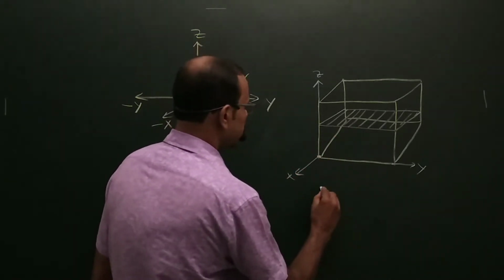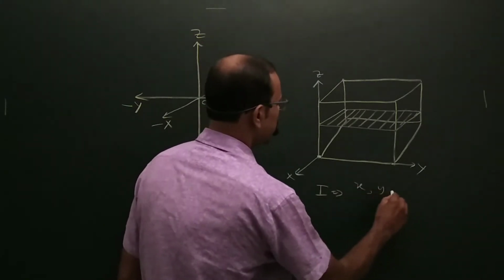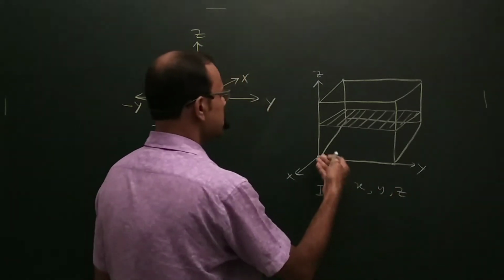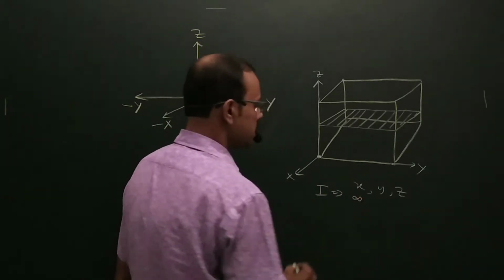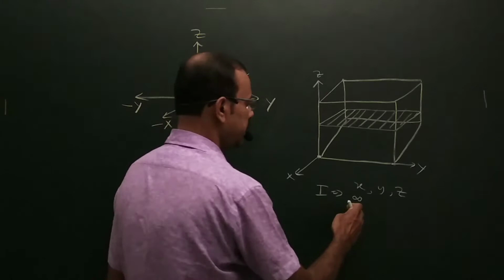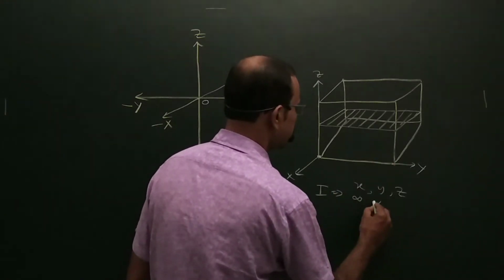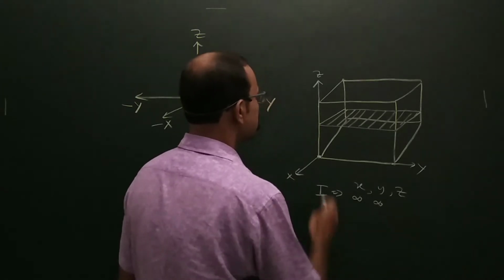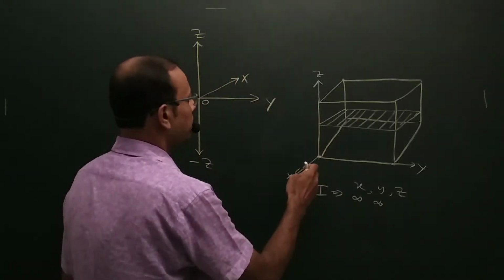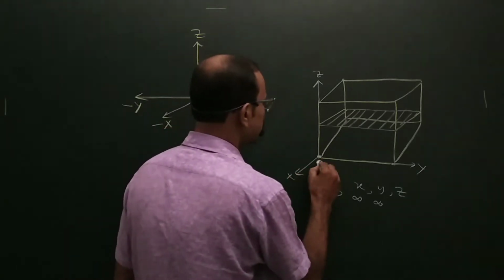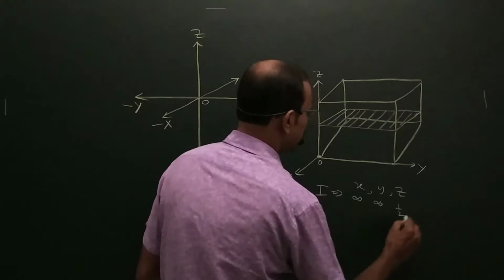Therefore, the integers or raised indices along x, y and z direction are: since it is parallel to the x-axis, the integer will be infinity. Along the y-axis, it is also parallel, therefore it will also be infinity. And along the z-axis, it intersects at the midpoint of the z-axis in the positive direction. This is the origin, therefore it is half.